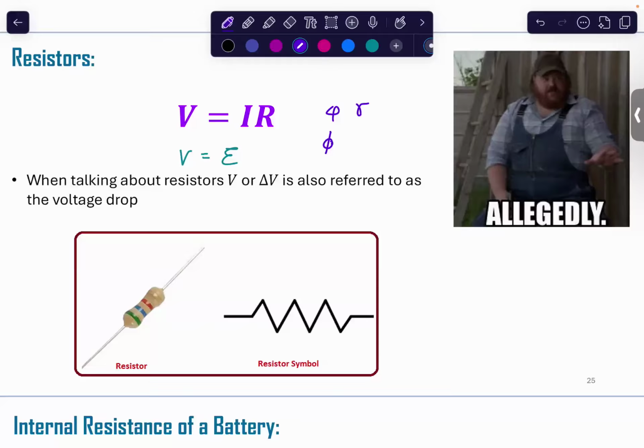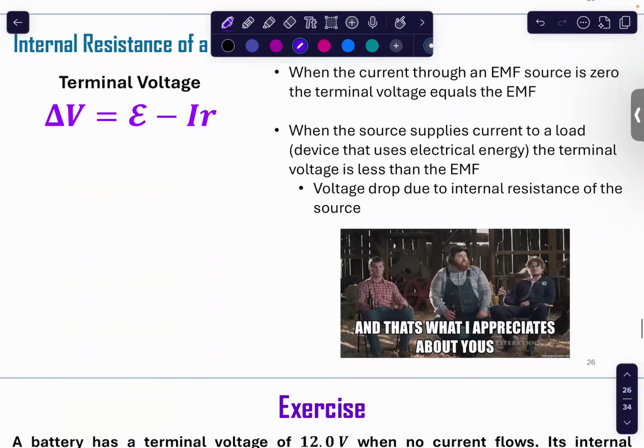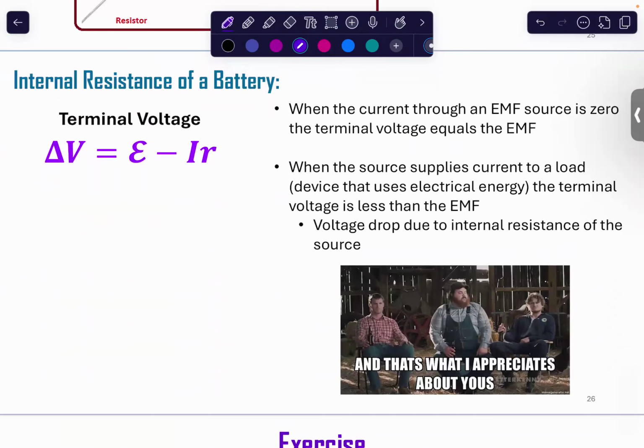One of the things we eventually are going to have to start taking account of is, for a system where there's no current, your voltage across your battery is just going to be your EMF. However, when a current is flowing, the voltage decreases.